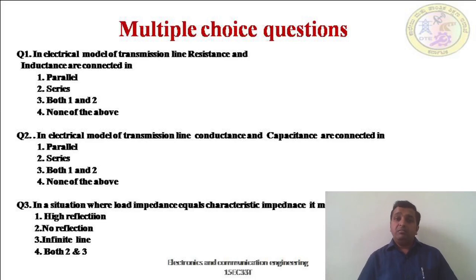So let me have some multiple choice questions based on the previous slides, what we learned today. Question number 1: in electrical model of a transmission line, resistance and inductances are connected in 1 parallel, 2 series, 3 both 1 and 2, 4 none of the above.